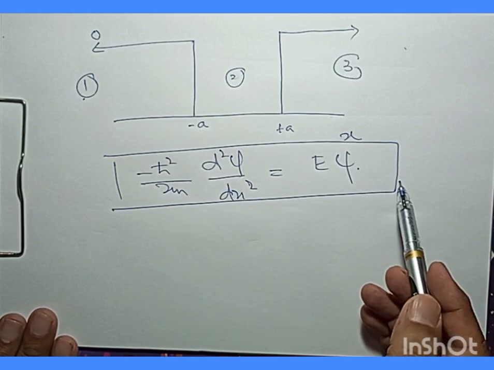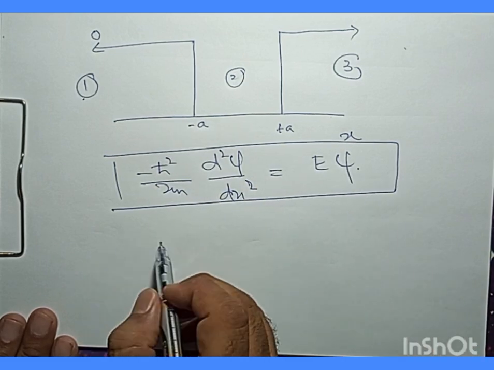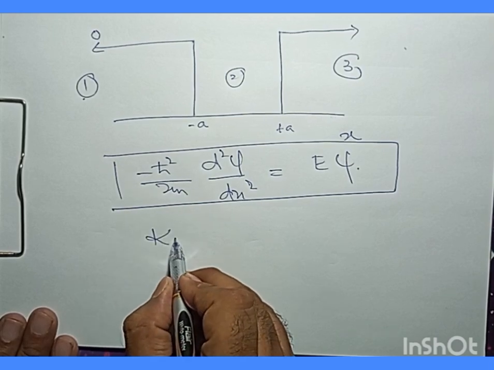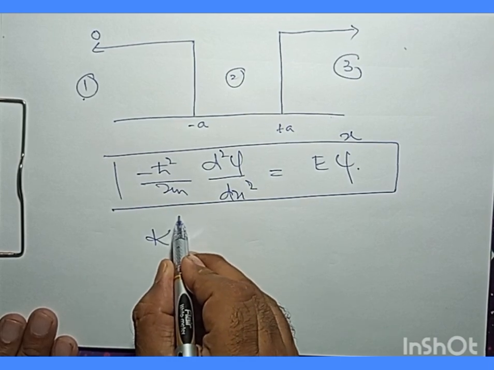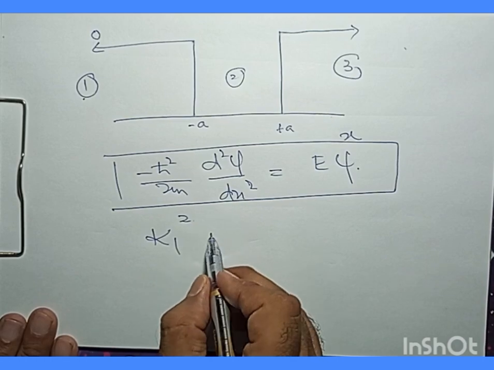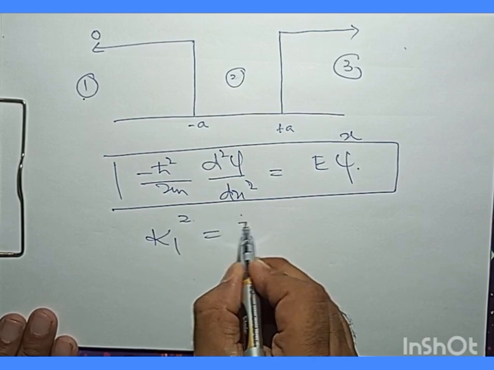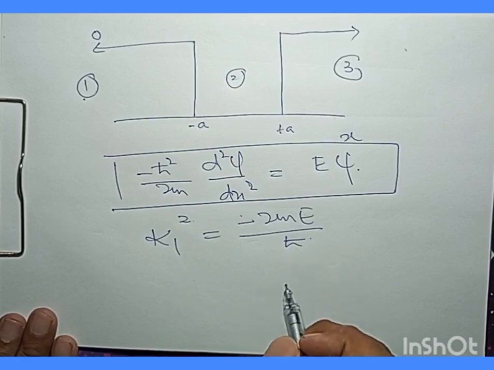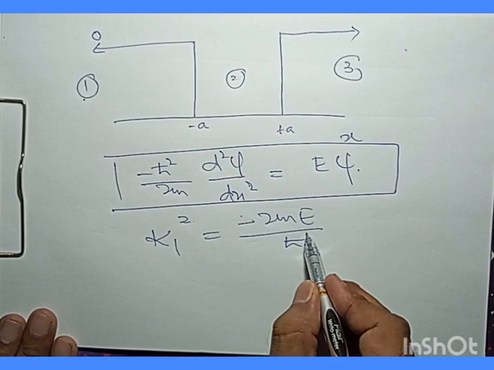We can write down the solution in such a way, say, let's take K1, K1 square is minus 2mE by h cross square.